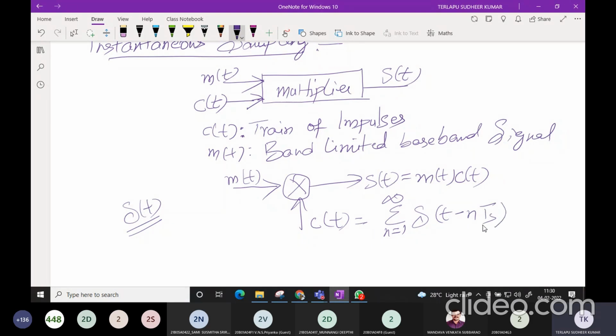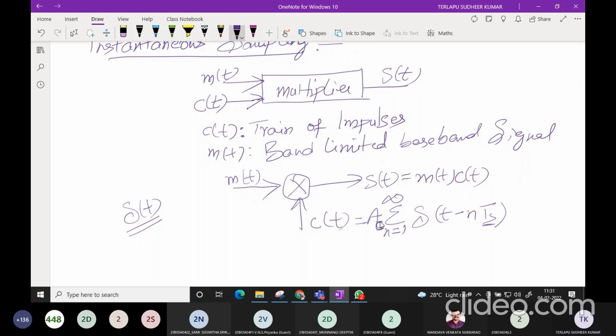So at every sample time interval, I have an impulse. Assume Ac is the coefficient or the height of the impulse. Therefore, C of t can be represented as Ac into sigma n running from 1 to infinity, delta of t minus nTs. n is an integer, Ts is the sampling time.